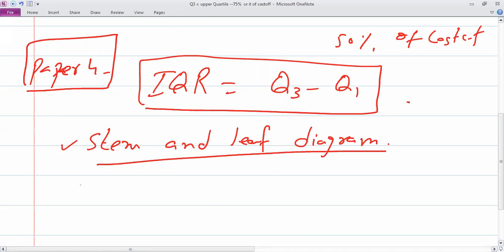These two diagrams, inshallah, on Monday we will discuss. Tomorrow, Sunday, inshallah, we will continue our coordinate geometry.